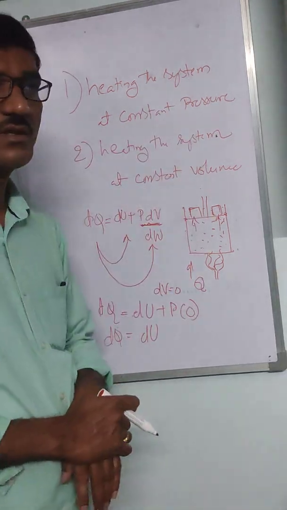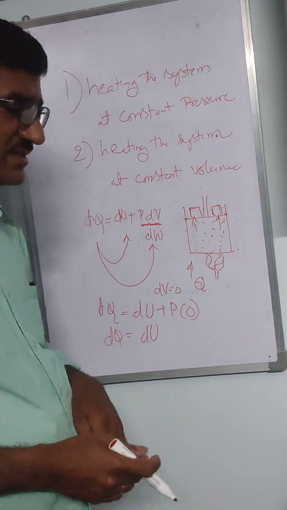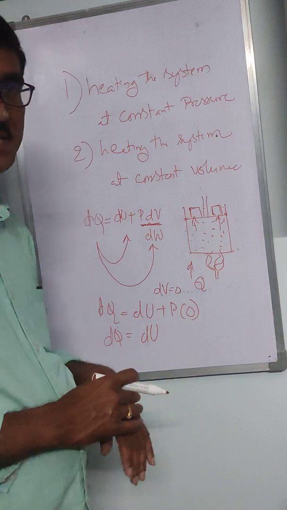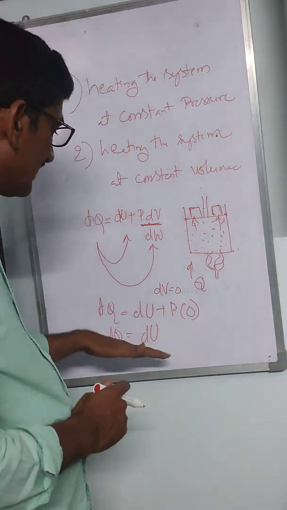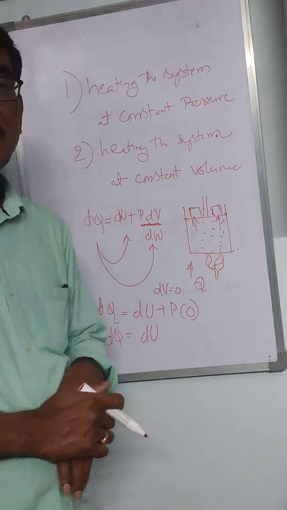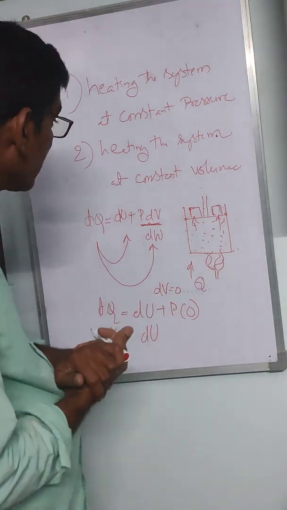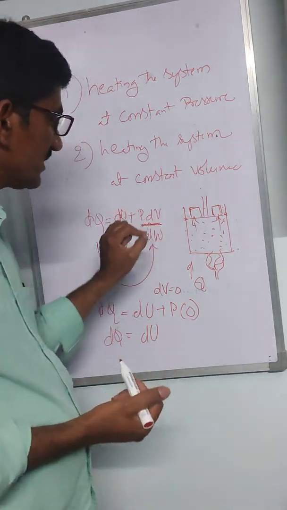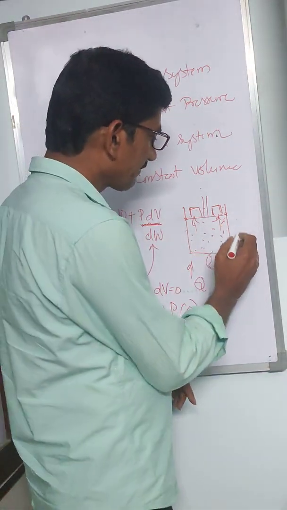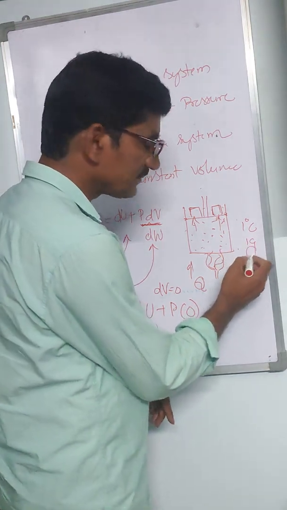You will see the same 1 degree rise a little bit earlier whenever you heat the system at constant volume.